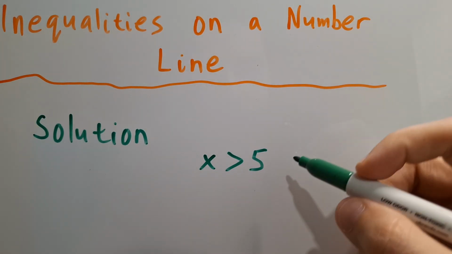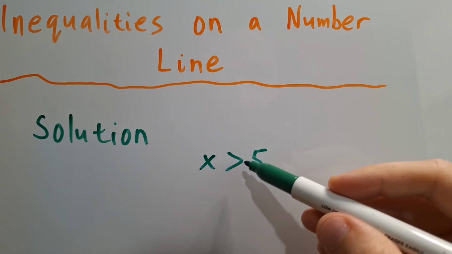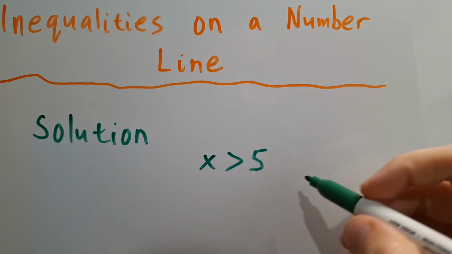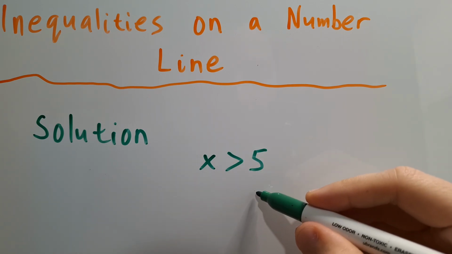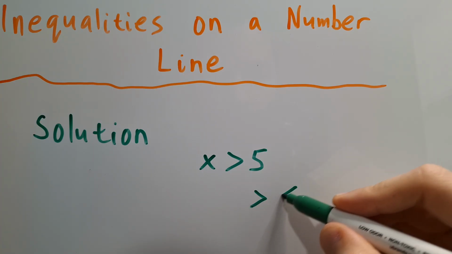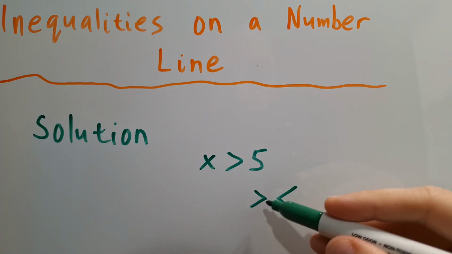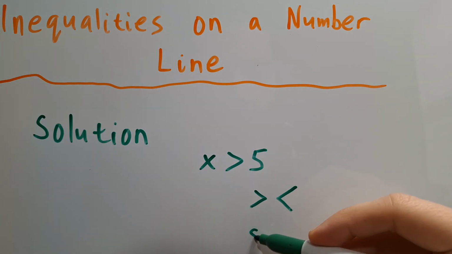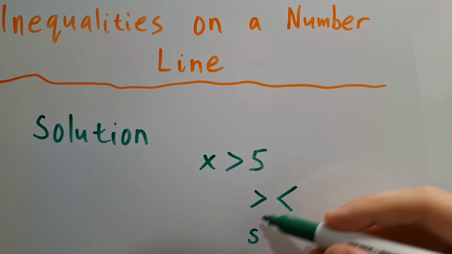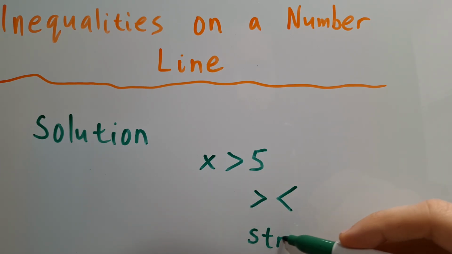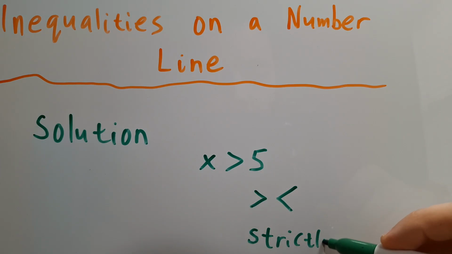So one other thing I will mention for solutions to inequalities, specifically about the symbols here, we have greater than and we have less than. These refer to strictly greater than or strictly less than, respectively. Now you don't have to say strictly greater than or strictly less than.